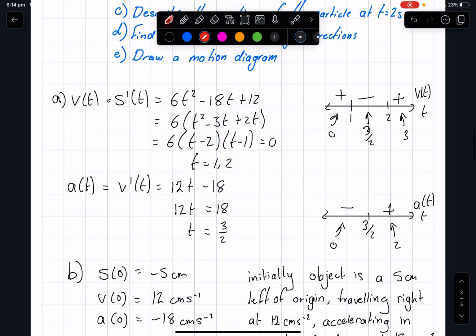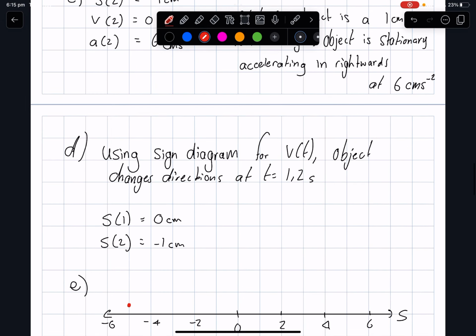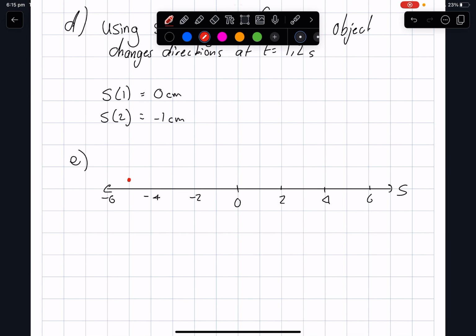Then I'm moving along rightwards, and at t equals 1, I turn around. Now at t equals 1, I'm at 0, so I turn around here, and then I also turn back around at minus 1. So I'm going along, I turn around at minus 1, and in this case, I don't have an endpoint, so I put an arrow on the end.